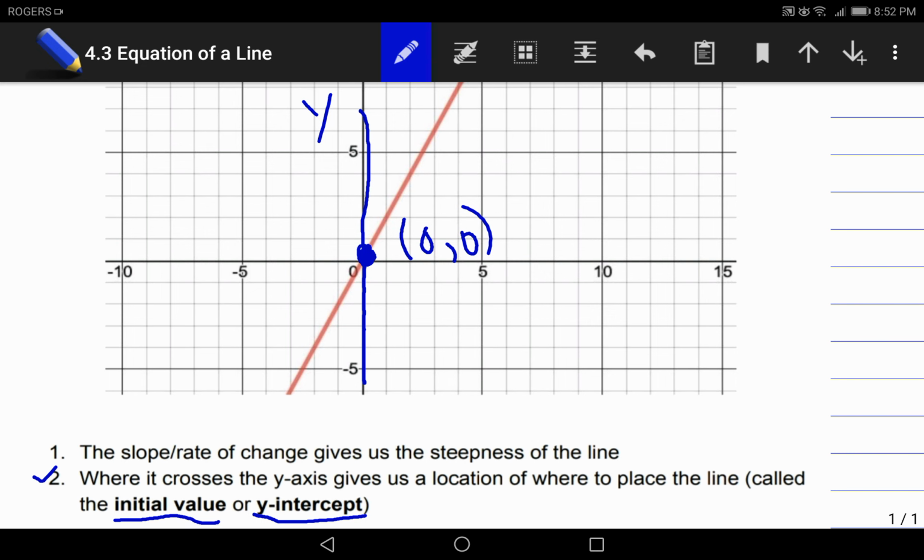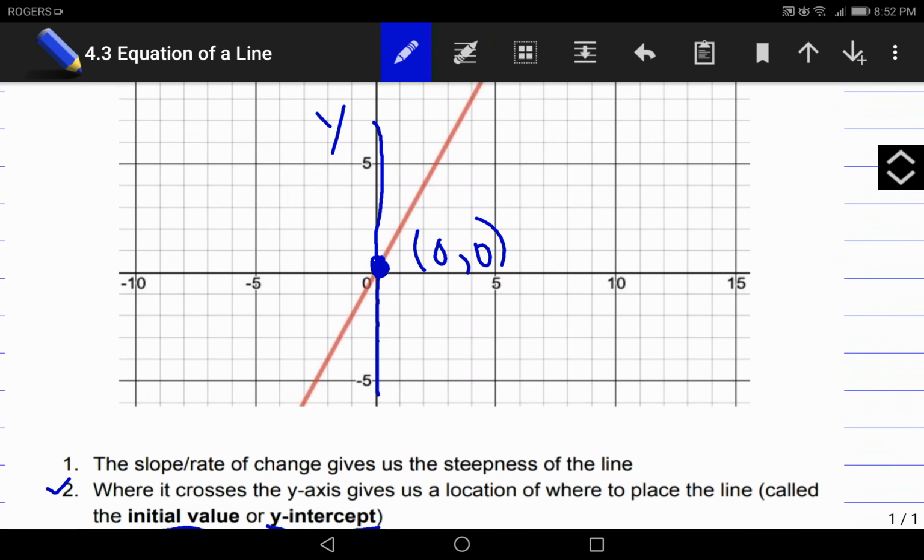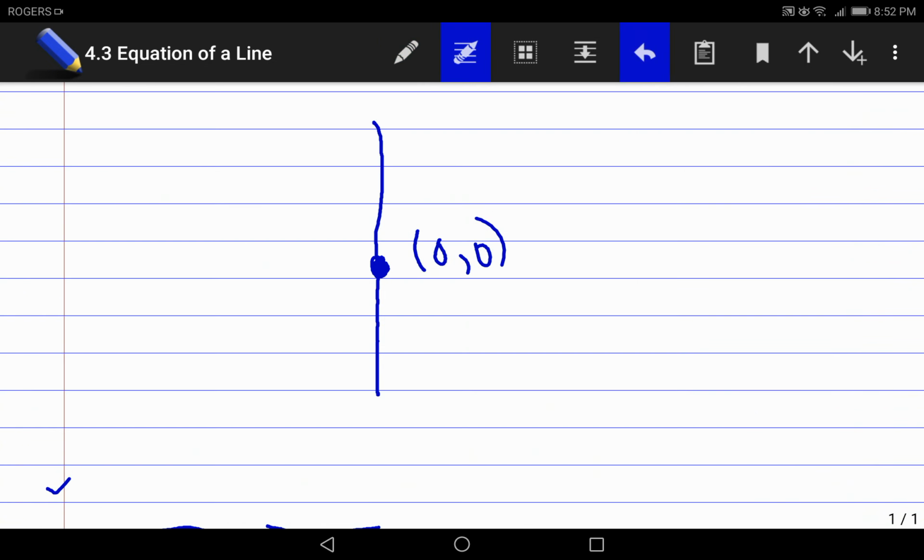Okay. So let me just clear that out of the way so that we can write more on that.